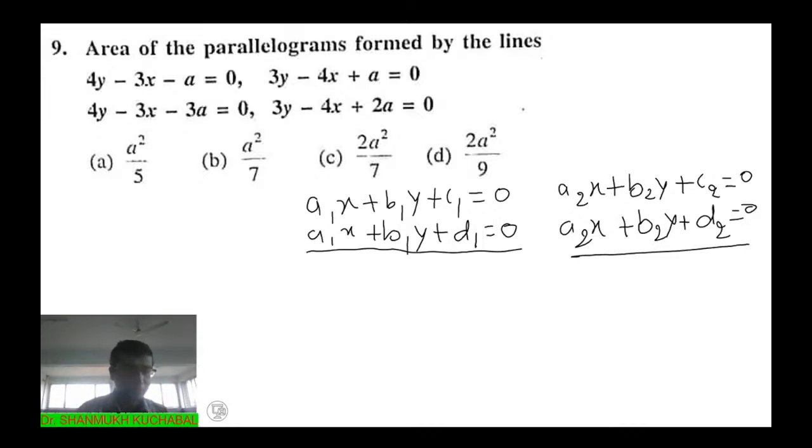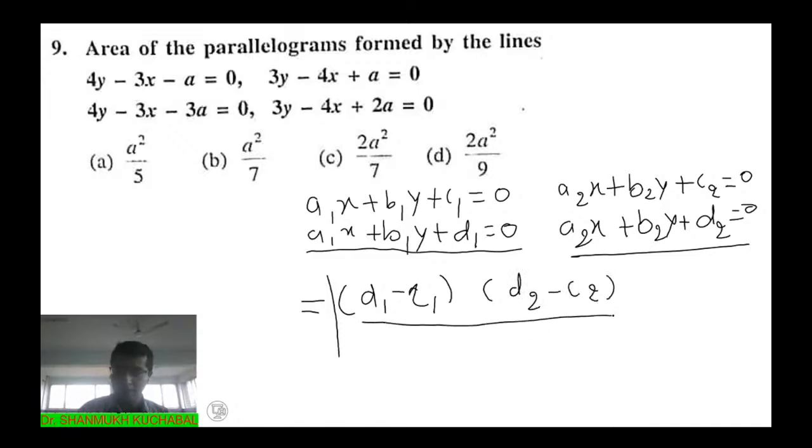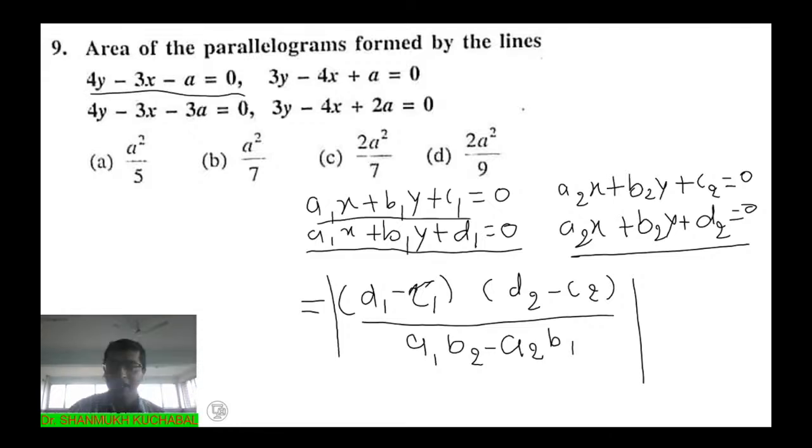Then the area condition is given by mod of d1 minus c1, into d2 minus c2, whole divided by mod of a1 b2 minus a2 b1. So we can compare the given equations with these. On comparing and simplifying, we can find the area here. Very simple.